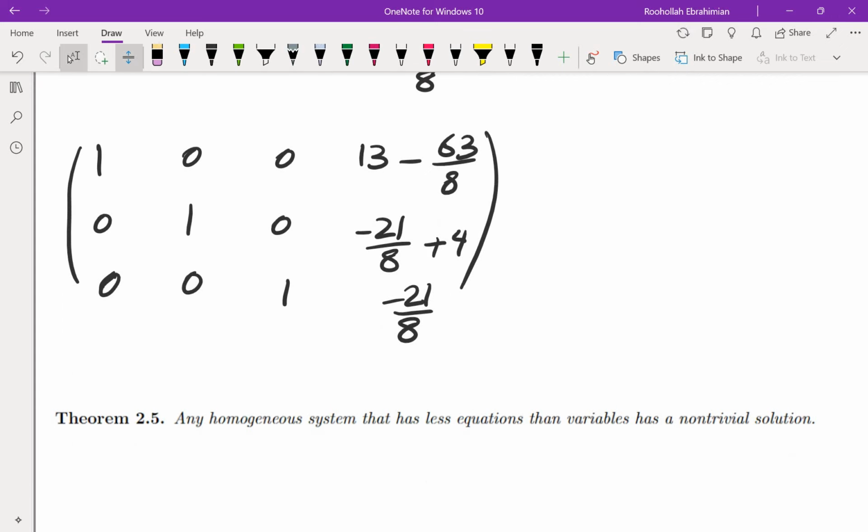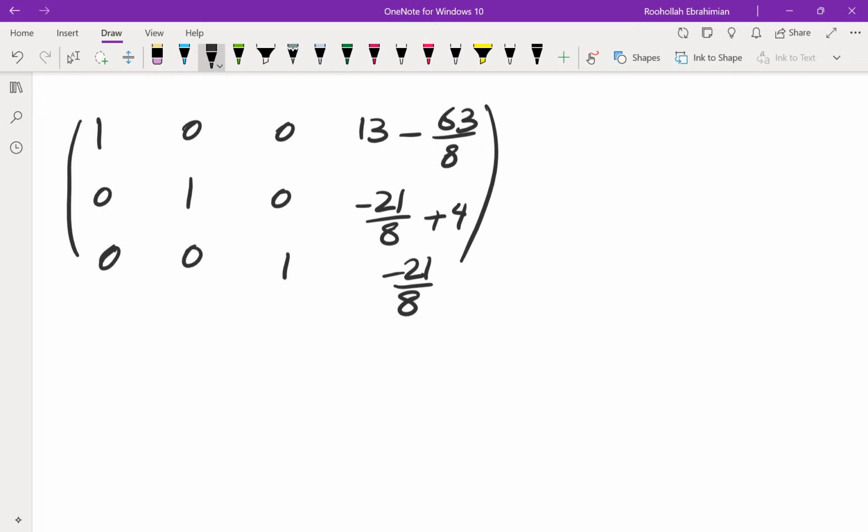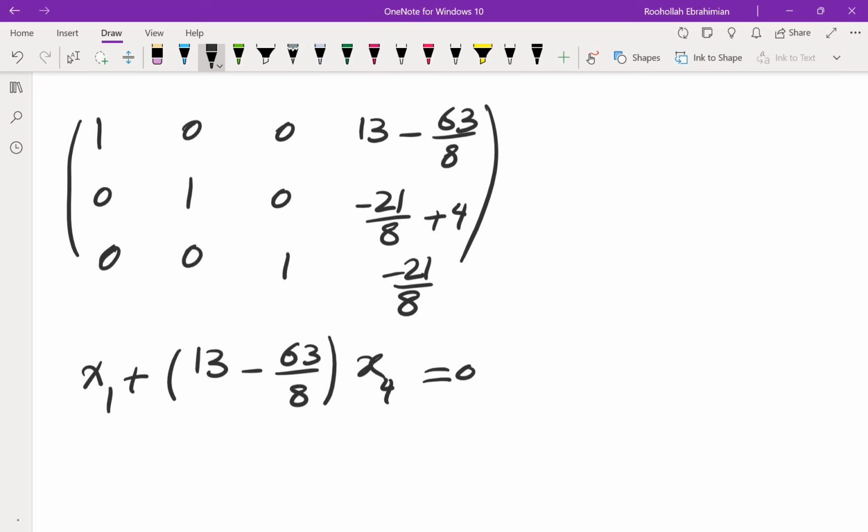Okay, so this is nice because now we know the system is going to be, if I write down the system, the first one becomes x1 plus 13 over 8 x4 equals 0. I'm just going to write it down. Doesn't really matter what those numbers are as long as they are not 0.